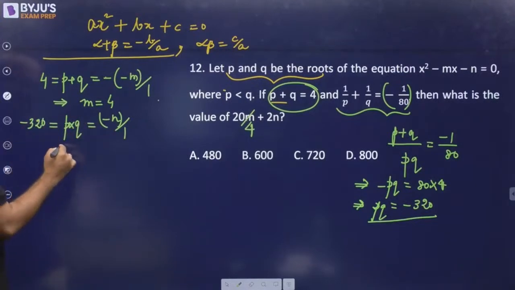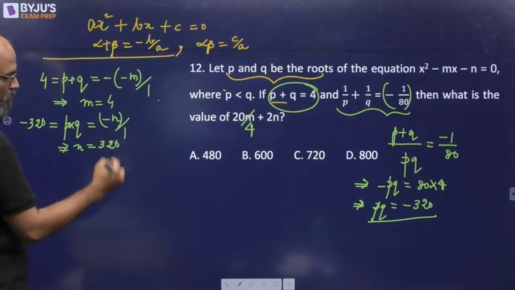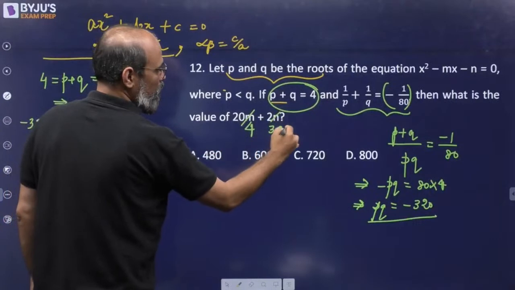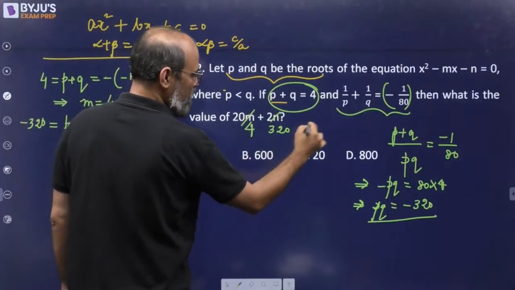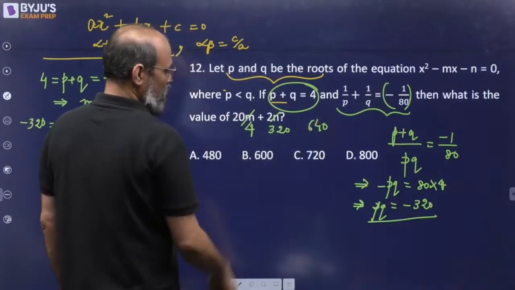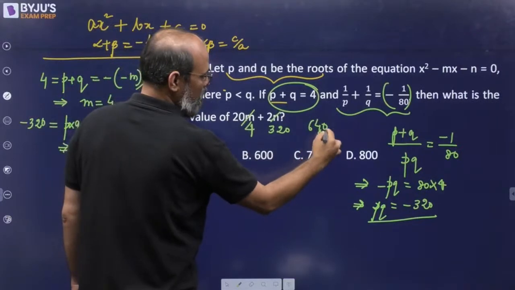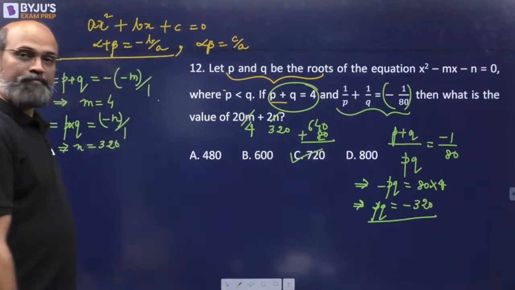Minus n is equal to minus 320. बोले तो n is equal to 320. n की वैल्यू 320 है. 320 into 2 is 640 and 20 into 4 is 80. ये दोनों ऐड होके आपको 720 देते हैं.